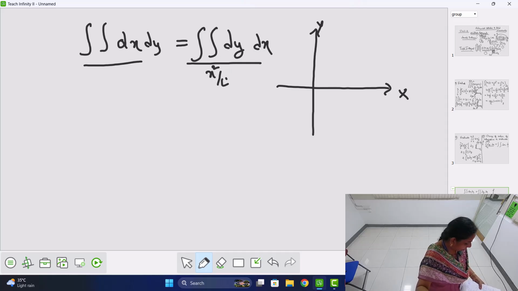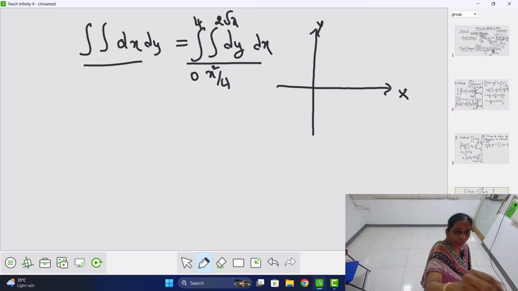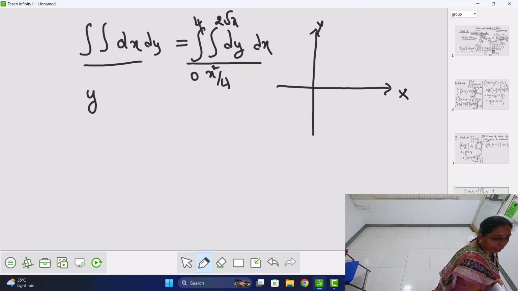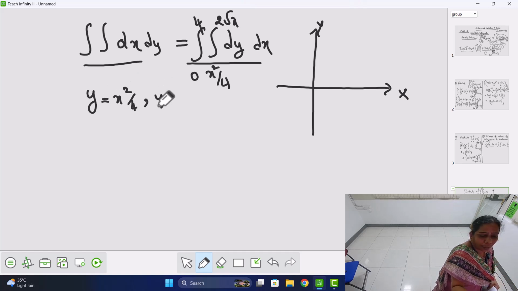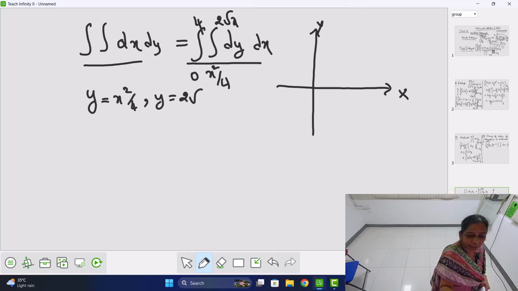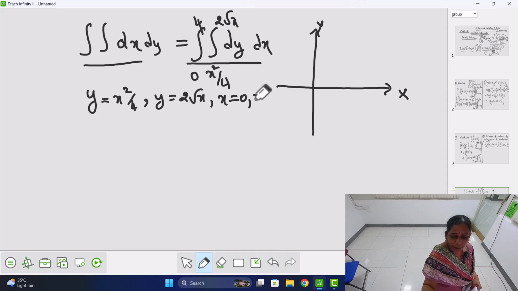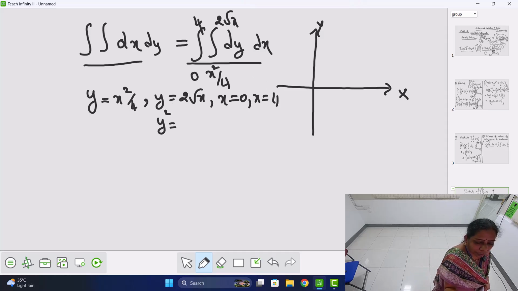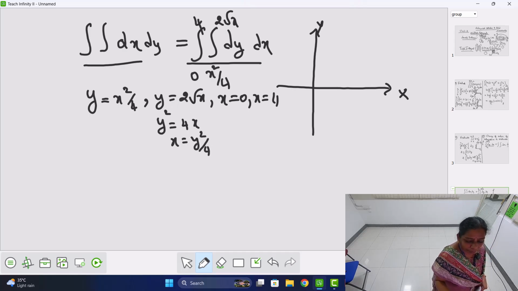The curves are y equal x squared by 4 and y equal to 2 root x, with x equal to 0 and x equal to 4. So y equal to 2 root x is nothing but y square equal to 4x, which implies x equal to y squared by 4. X equal to whom? Y squared by 4.